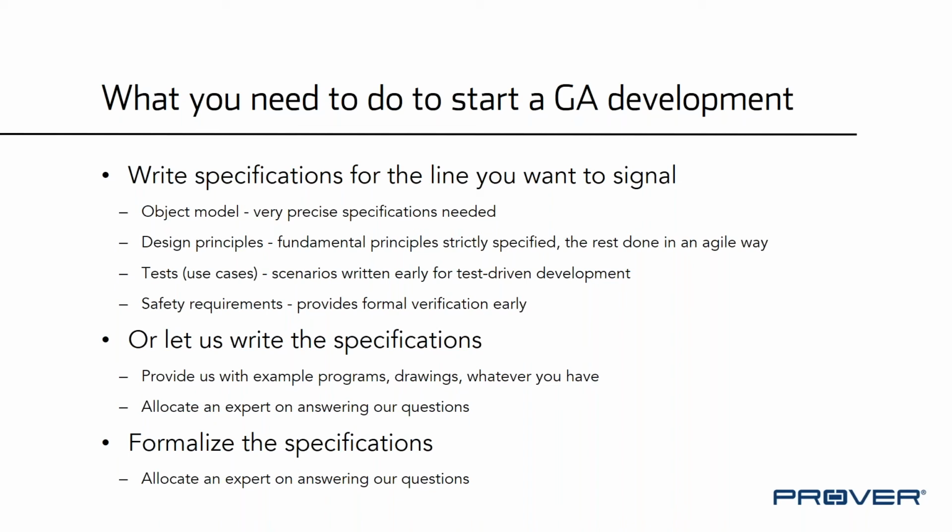And then we start formalizing the specification. So again, you need an expert on your side if we are supposed to do the formalization for you, because when you formalize things, you always discover ambiguities that have to be resolved. So it's very good to have a senior engineer to call in that case.